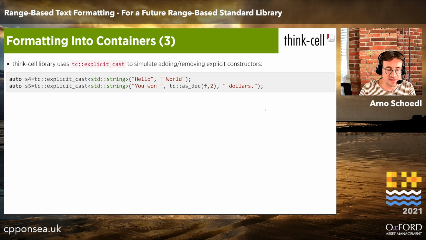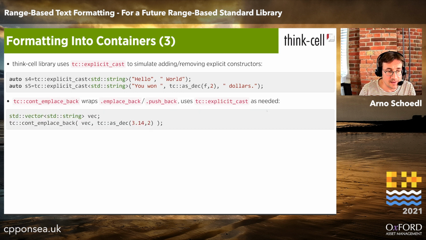So here, this is kind of our stand-in for we want to have a constructor, and there you can do all these things that I described. Now, this explicit cast is also used in other places where we have to construct objects.